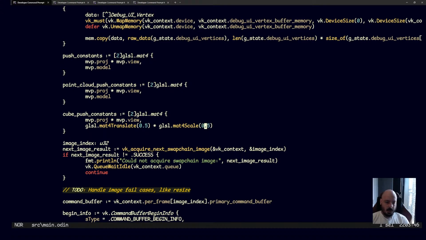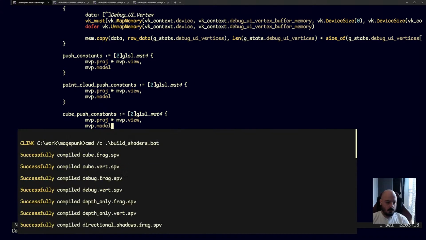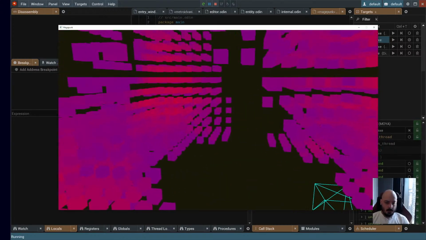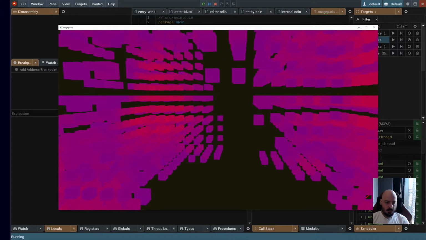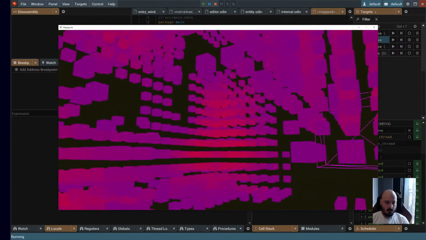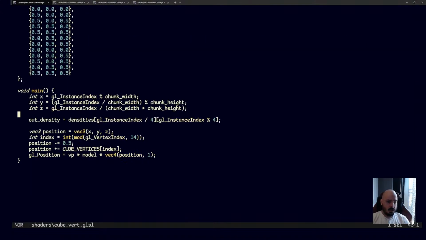So we probably don't need to scale this anymore. Let's see what happens if we just send in the identity matrix now. Huh. Does that look the same? Yeah, it looks a little bit different.